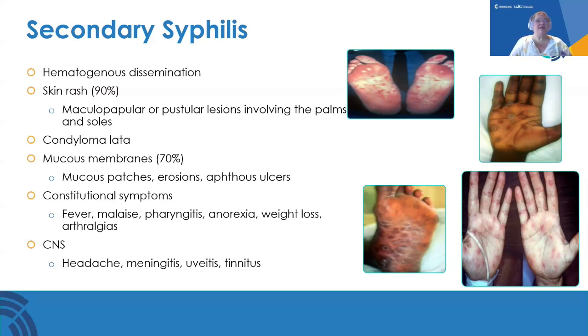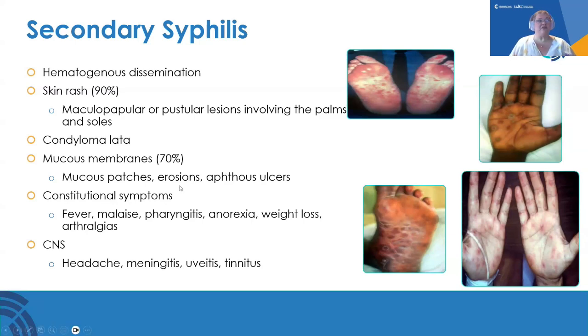It just varies really in the population. But if you ever do see it, think syphilis, but don't exclude it if it's not on the hands and the feet. Condyloma lata is different than genital warts. Condyloma lata looks like a wart, but it has a different appearance, and we're going to show that to you in a minute.